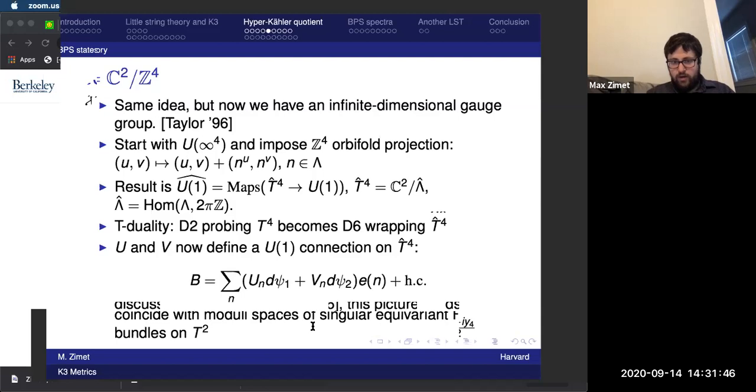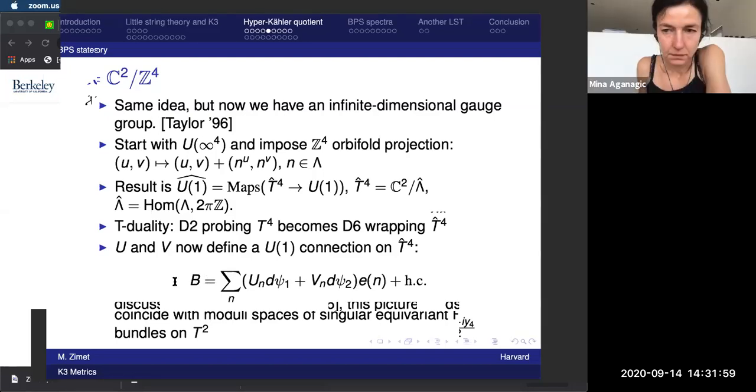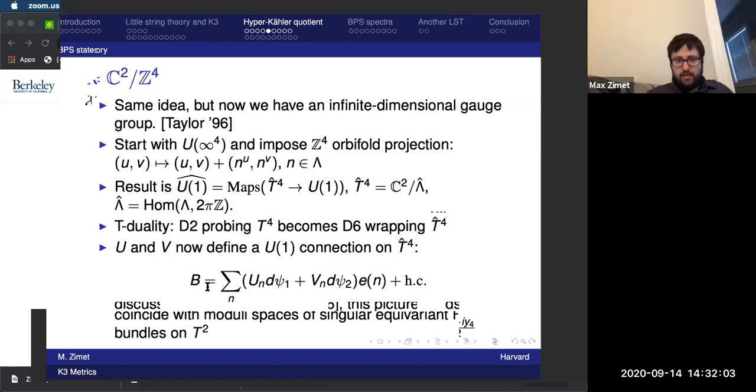In real coordinates, maybe it's a little nicer: it's just e^(in·y), where y are my real coordinates on the dual torus. So this is highly non-exotic at this point. This is just a U(1) gauge theory, and B is some U(1) connection on the dual torus.